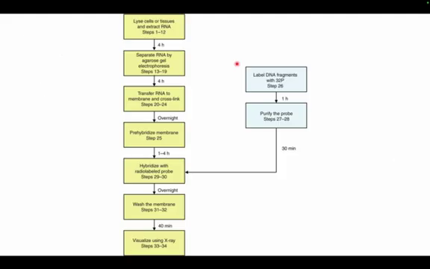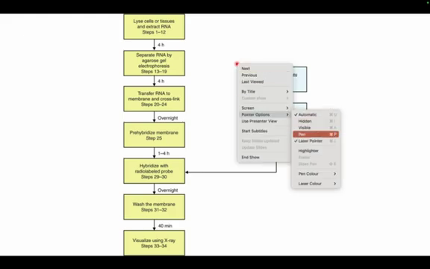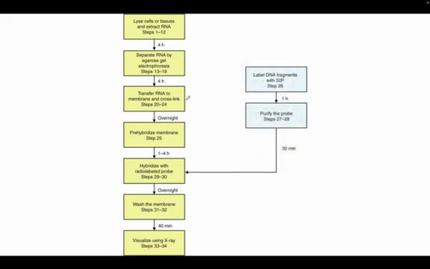Now, southern blots are used to observe DNA, so we can use it as we just saw to look at changes at the DNA level. But we can use a very similar procedure called northern blot, which will look at RNA.